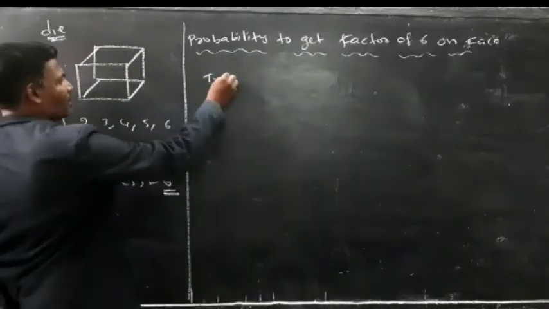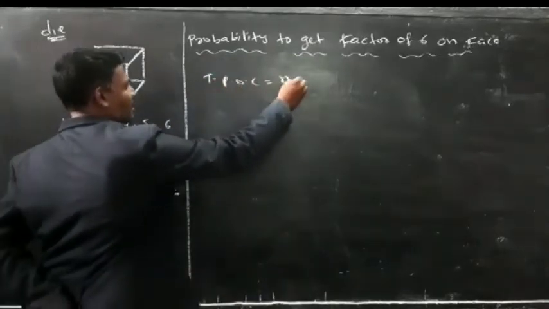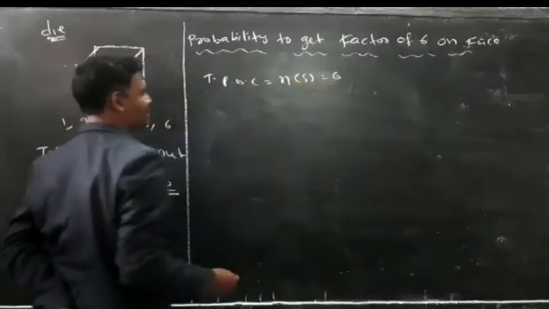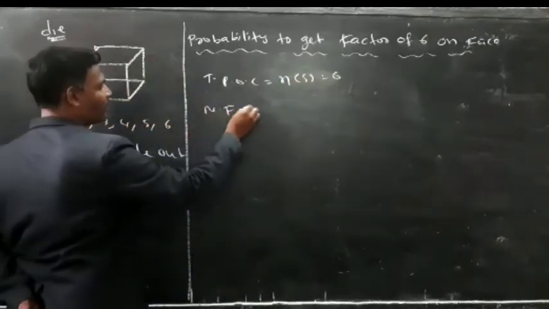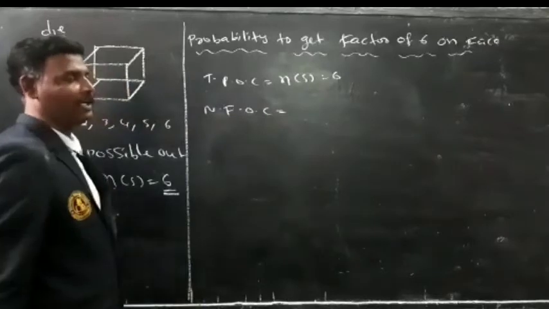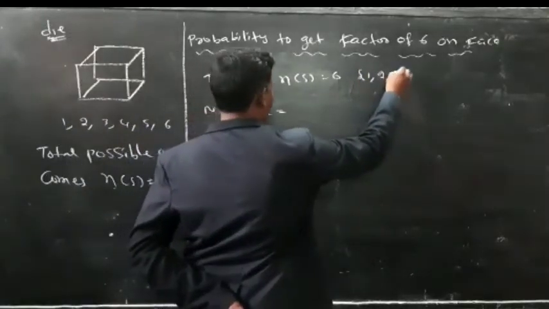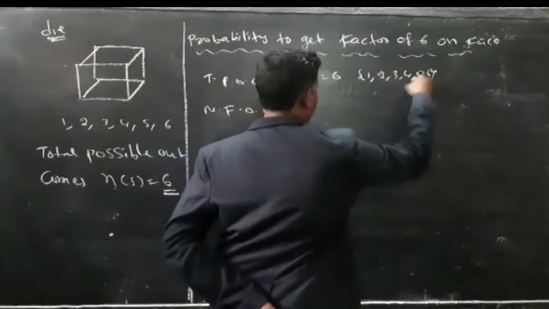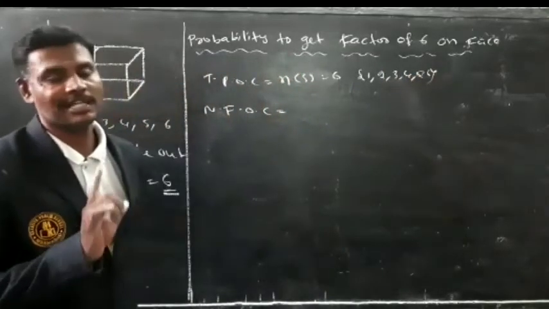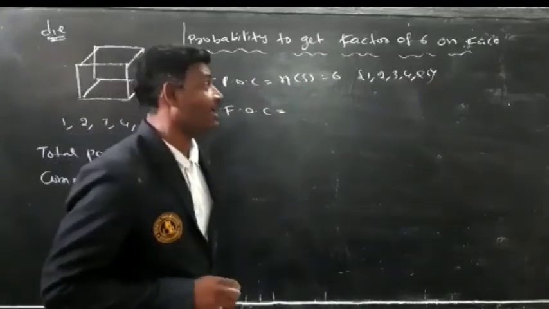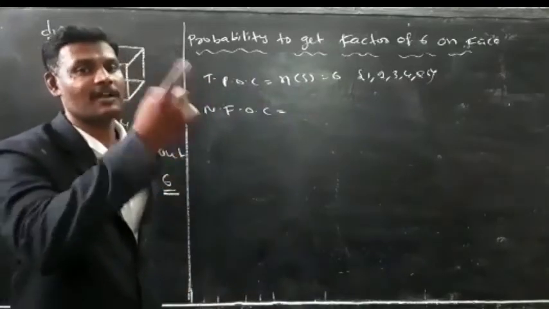So here total possible outcomes n of S is equal to 6. Number of favorable outcomes: I need a factor of 6. So what are the six chances? 1, 2, 3, 4, 5 and 6. So we have 6 chances. From that, what do I need? I need a factor of 6 on the face.